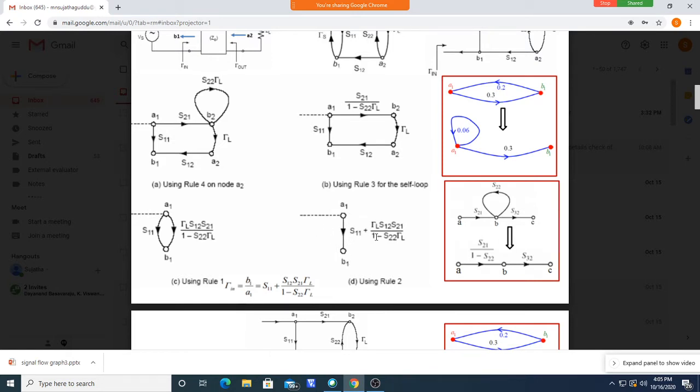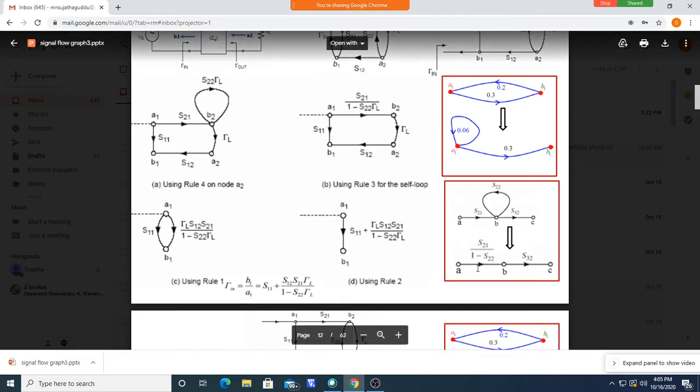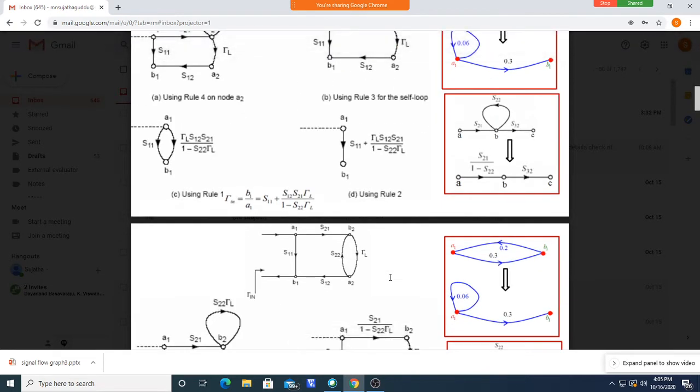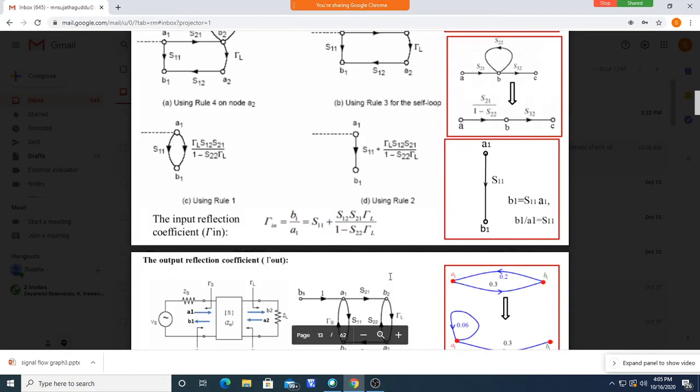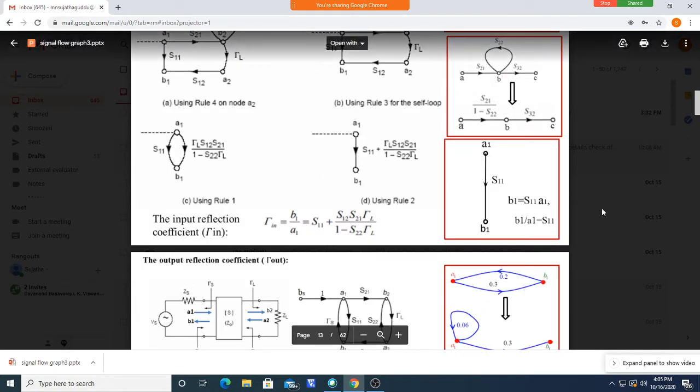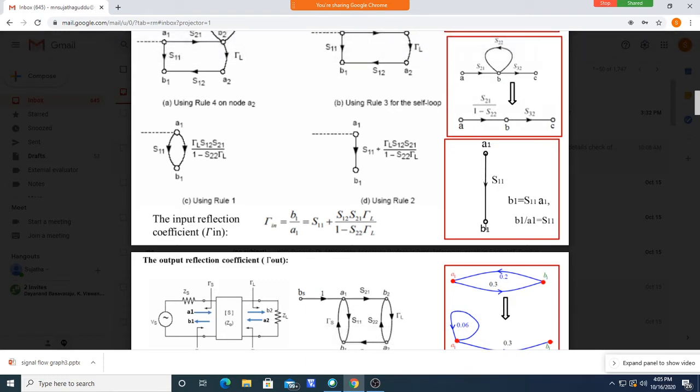So B1 by A1: B1 is the signal coming to the node B1, which is A1 times S11.